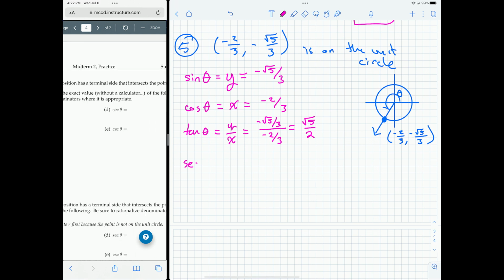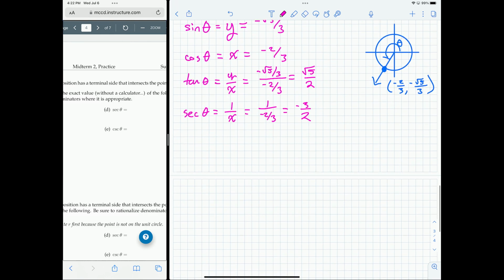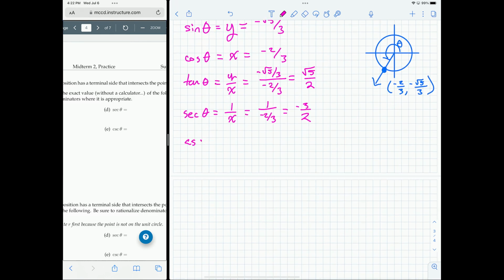Next one, secant. Secant theta is 1 over x. So it's 1 over negative 2/3, which is negative 3 over 2. We have the cosecant of theta, which is 1 over y. So it's 1 over negative root 5 over 3, which is going to be negative 3 over root 5. And that can be rationalized.